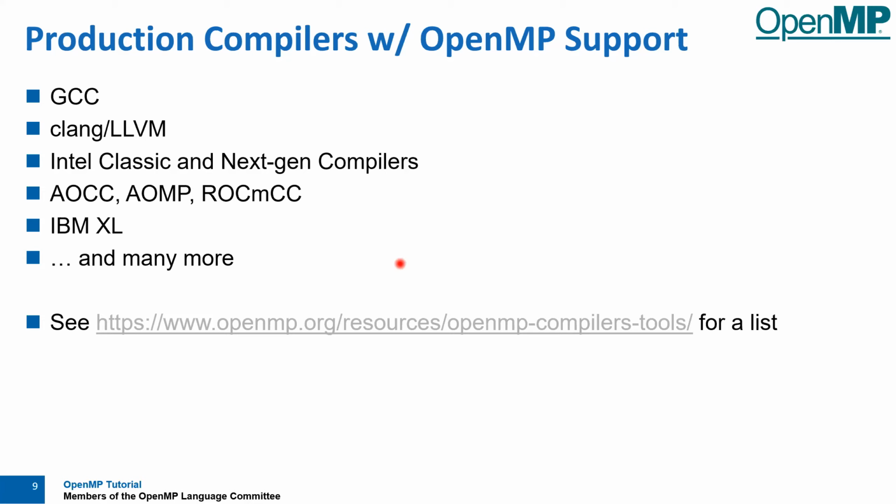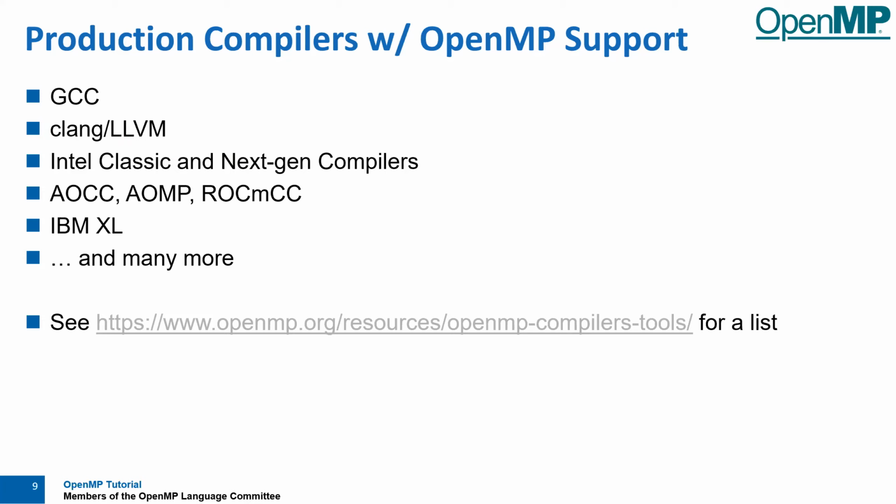Specifically, GCC obviously has an implementation, as Christian was showing. Then Clang and the LLVM compiler have an OpenMP implementation. And when I say Clang, I obviously also mean the Fortran Clang compiler, Flang. Then the Intel classic compilers, so ICC, ICPC, or iFort, as well as Intel's next-gen compilers, ICX, ICPX, and IFX.